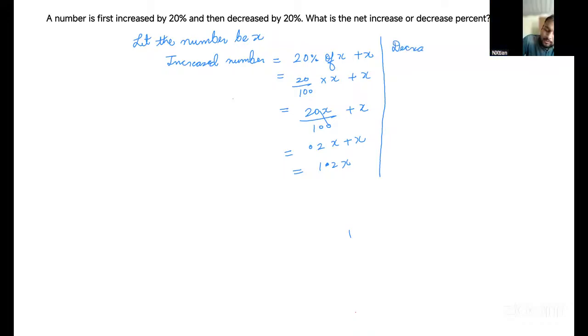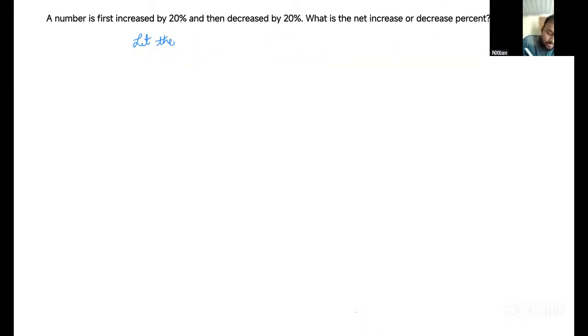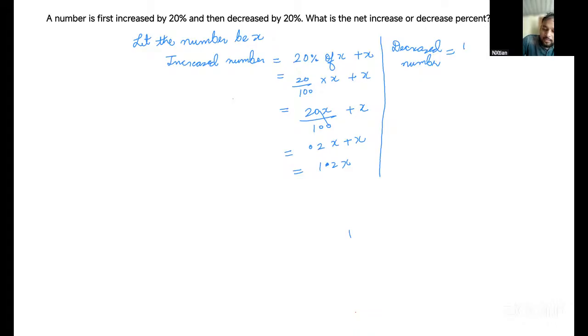Yes. Now, for the decreased number, we will write it like this: x minus 20%. Because now x is not involved, the value becomes 1.2x. So we write 1.2x minus 20% of 1.2x. Understood? Yes or no?